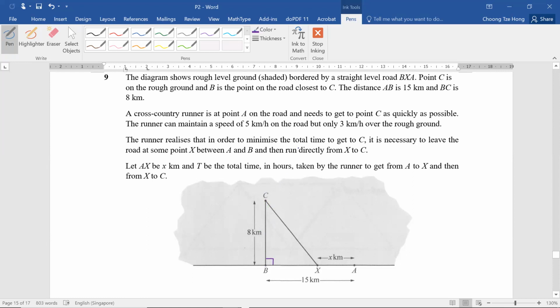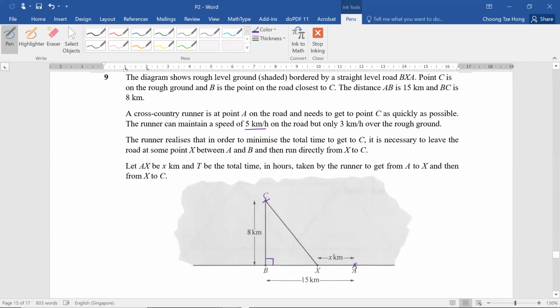The distance AB is 15 kilometers and BC is 8 kilometers. A cross-country runner is at point A on the road and needs to get to point C as quickly as possible. So the runner wants to run from here over here as quickly as possible. On the straight road, he can maintain a speed of 5 kilometers per hour.